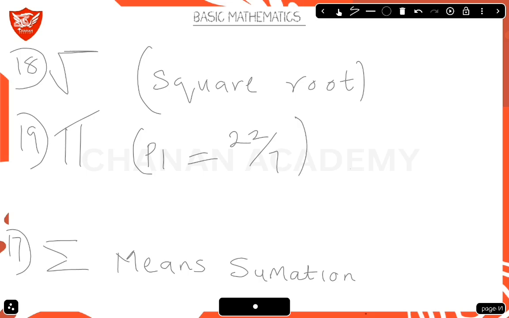So these are some of the symbols you come across in mathematics. There are others, but of course we can't talk about everything in this class. But in other videos, if a symbol was not spoken about in this class and it is needed, we'll introduce it and explain it.